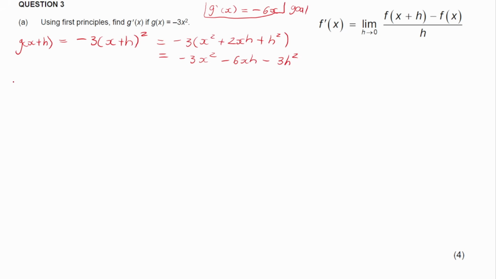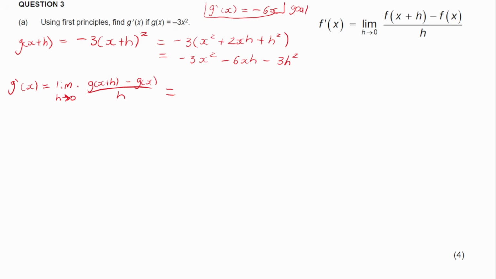Now I can write the actual first principles formula: the limit as h tends to 0 of g of x plus h minus g of x over h. When we do that, we just substitute.